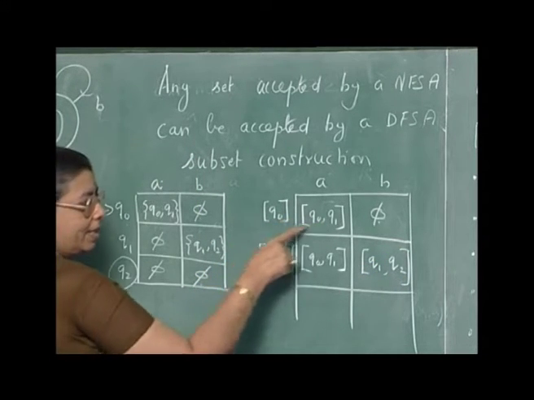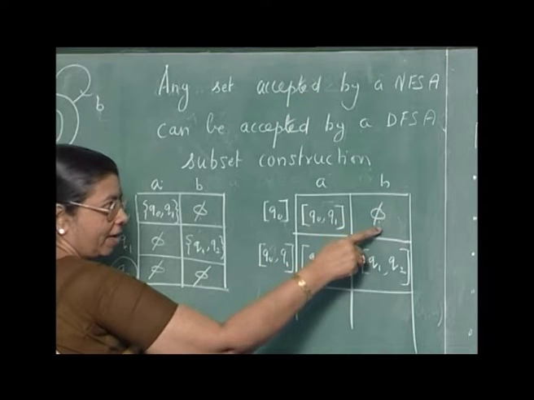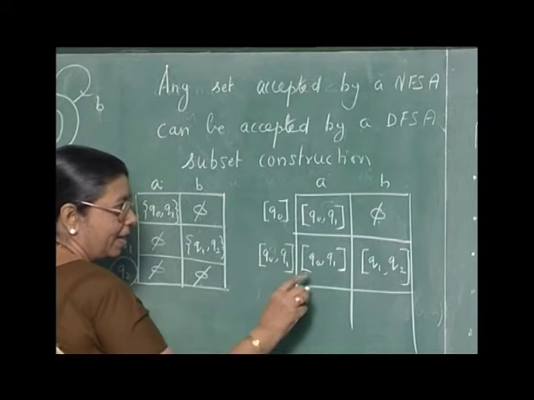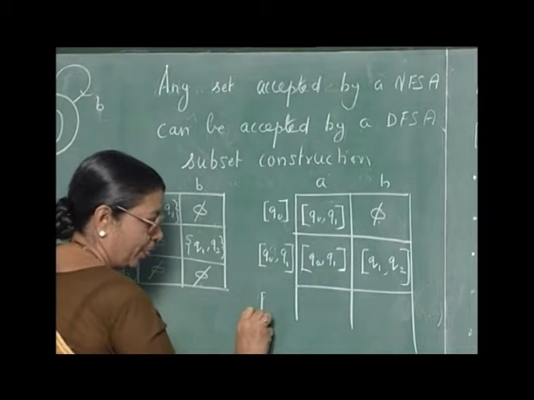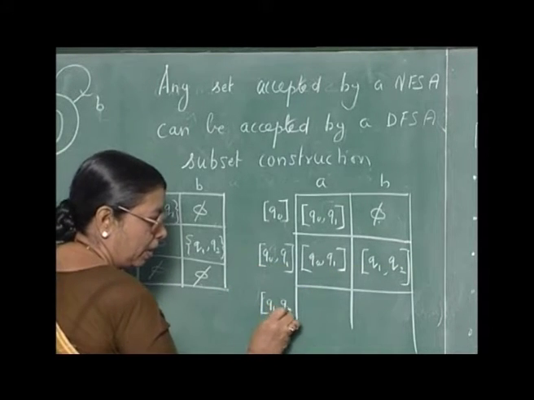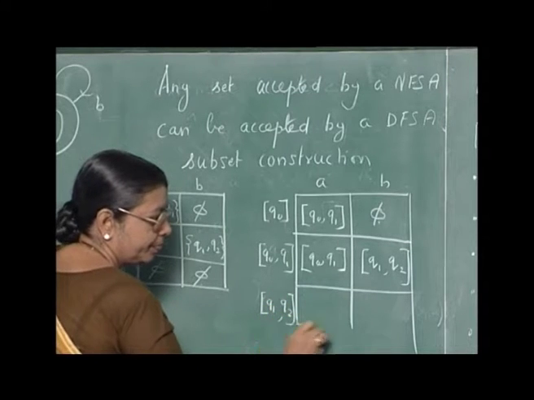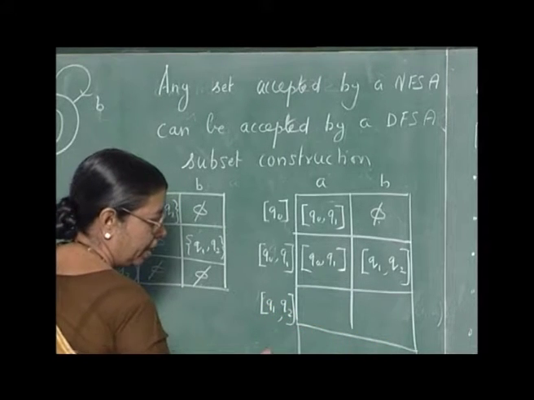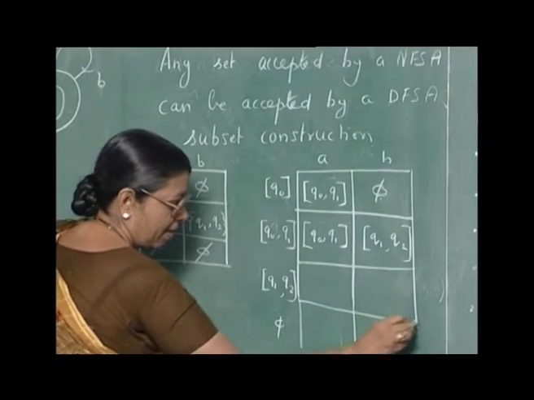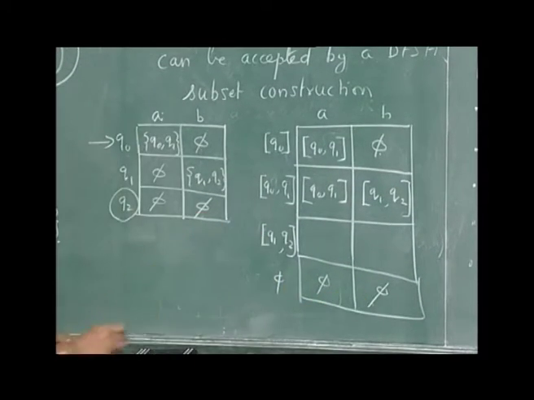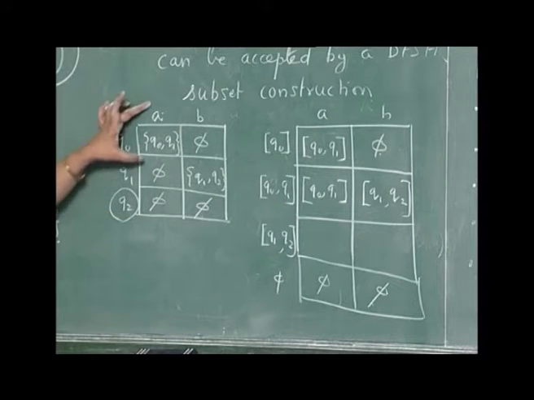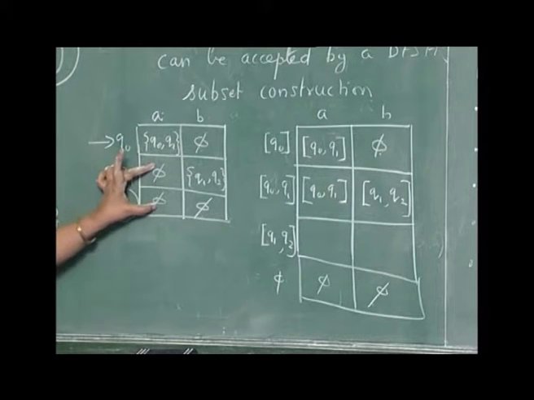Now, we have considered this. We have not considered phi; in the end we will consider. This again has already been considered. Now, consider Q1, Q2, then you will have phi. From Q1 and Q2 if you get a, you have to take the union of this, which is just phi.